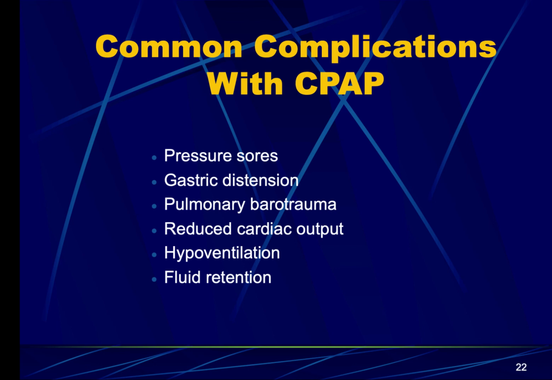So we really want to watch patients' blood pressures as well as we are working with the CPAP. You guys, I'm not going to go over the contraindications. Those are in your respiratory guidelines. But you need to make sure that even when you're on the CPAP, it is, for the most part, a pretty safe machine as long as you're staying on top of it and reassessing your patient, right?